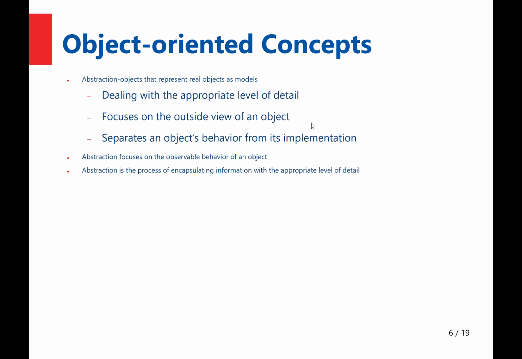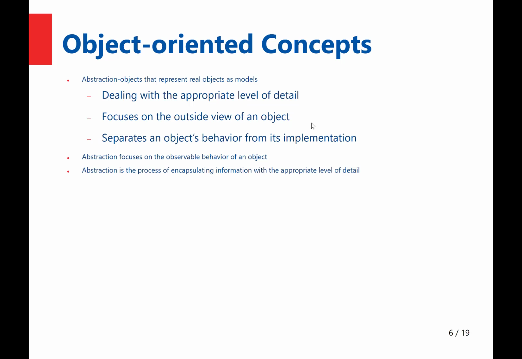Object-oriented concepts. Abstraction: these are objects that represent real objects as models. They deal with the appropriate level of detail. This concept is abstract, but we'll have some concrete examples to understand this.